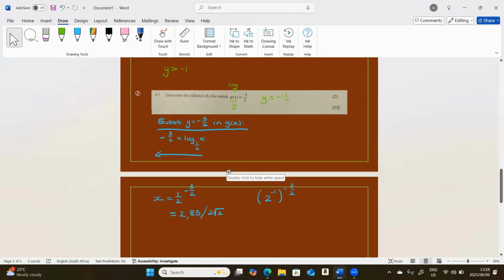And then you would see that when we raise this power to the power of -3/2, we multiply these two powers, and then that would just make our power positive. So the answer of this would then be 2 to the power of 3/2, right? Okay.